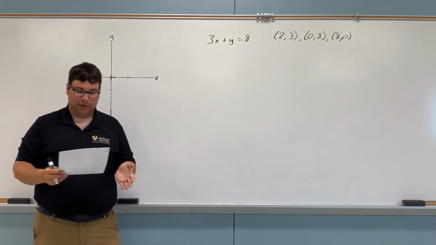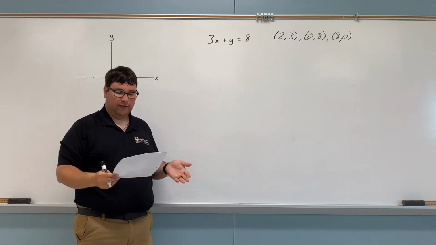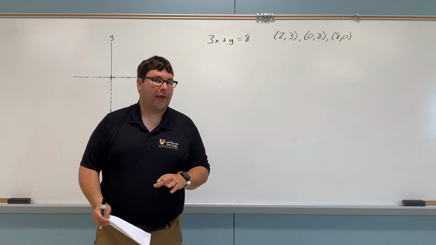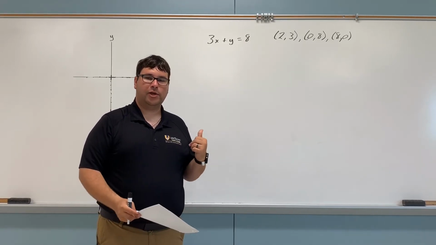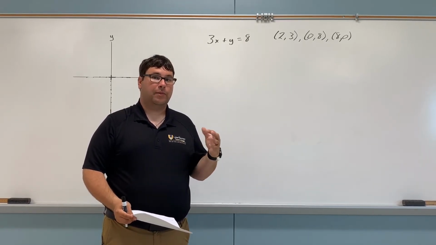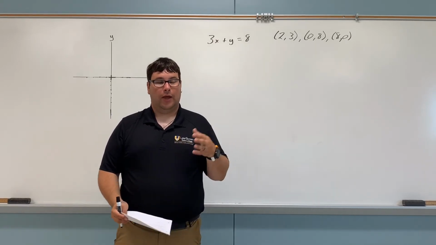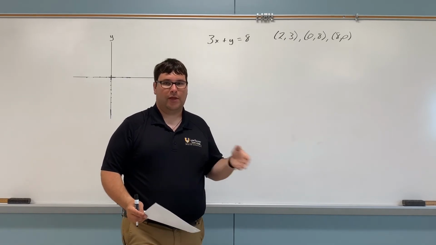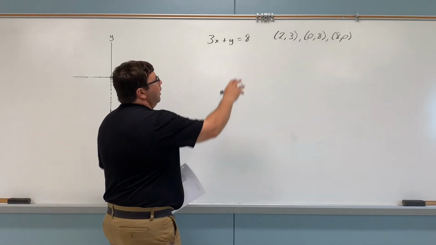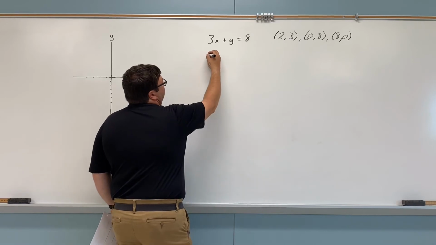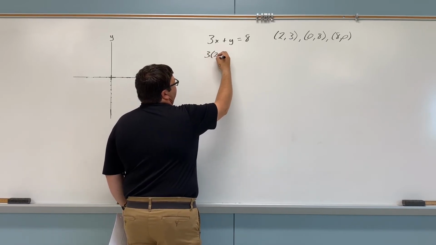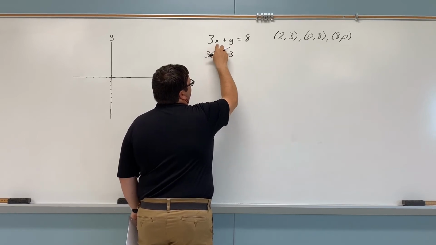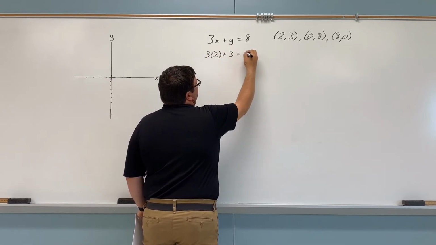So determine whether each ordered pair is a solution of the given linear equation, which means we should be able to plug in both x and y into our equation, and then we should be able to balance that equation. If you have to solve it all the way down, you should get a true response of something equals itself. So what we're getting here, if we were to plug in our first point, is 3 times 2 plus 3 for the points of (2, 3) is equal to 8.